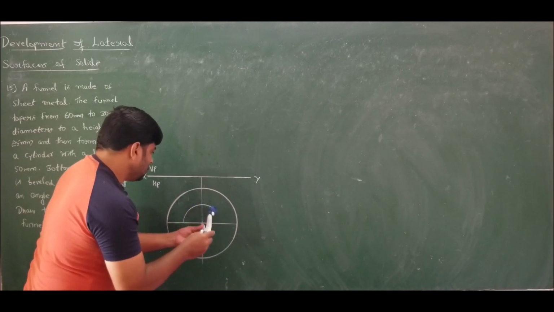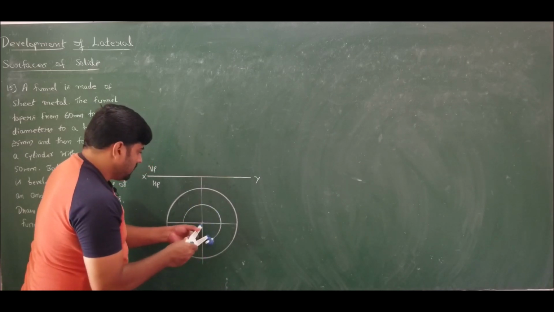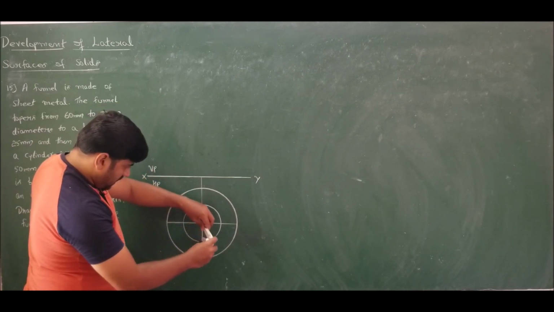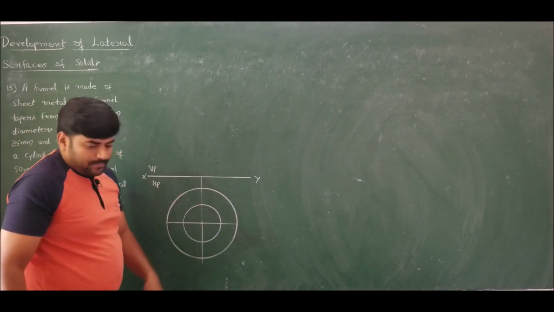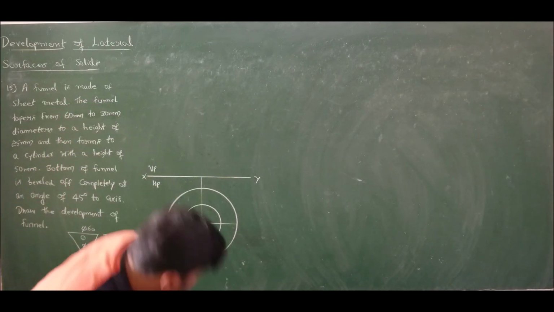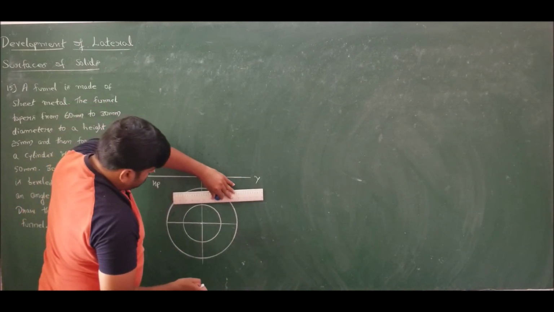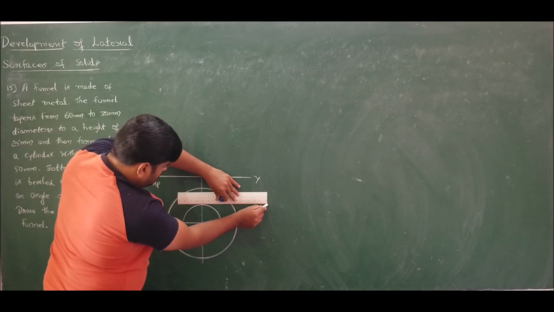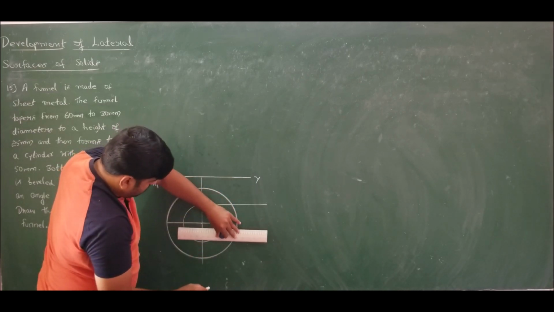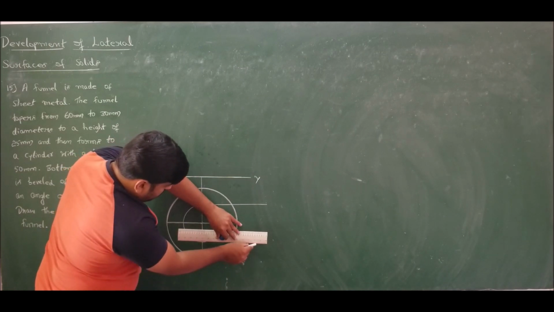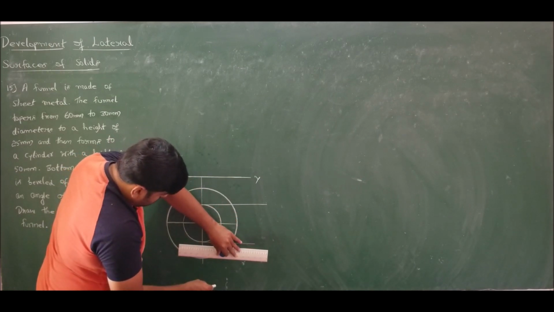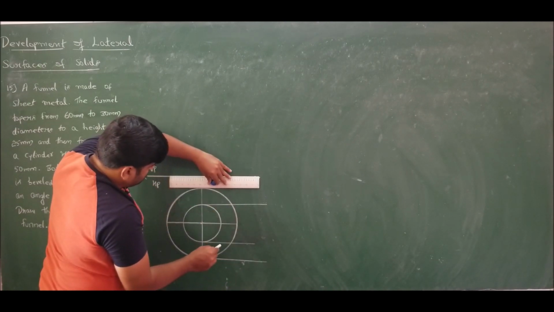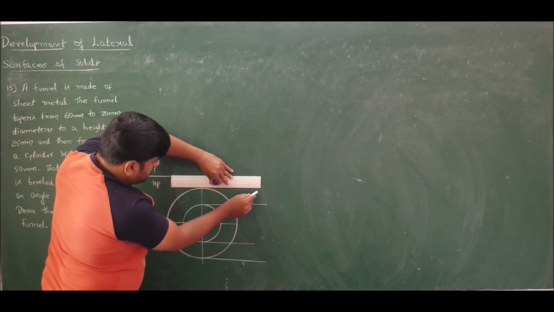The radius is 15, diameter is 30. I take 15 mm as the radius, so I get a 30 mm diameter circle.